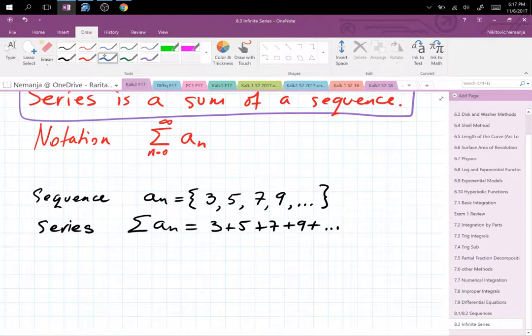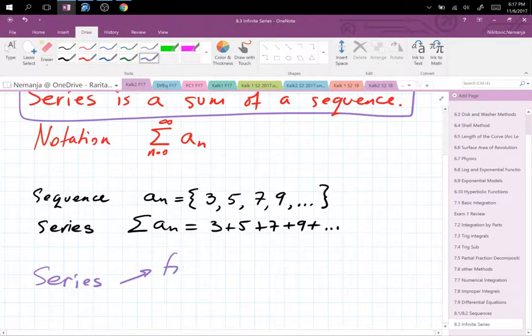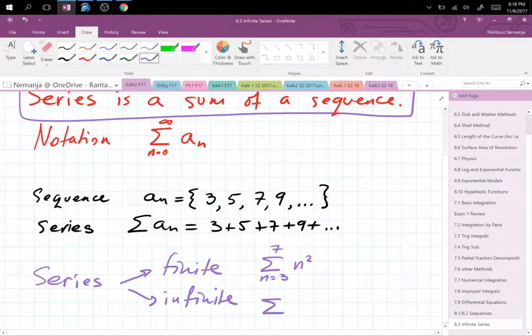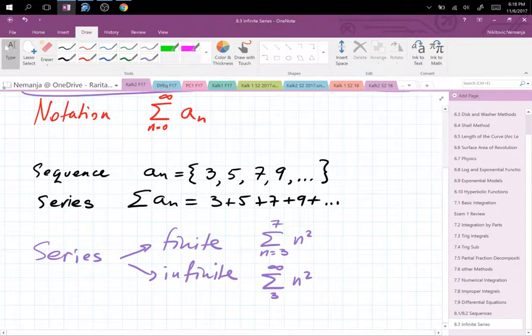Now, a series can be finite, like the summation n goes from, I don't know, 3 to 7 of n squared, or infinite, like the summation from 3 to infinity of n squared. Finite series always converge.